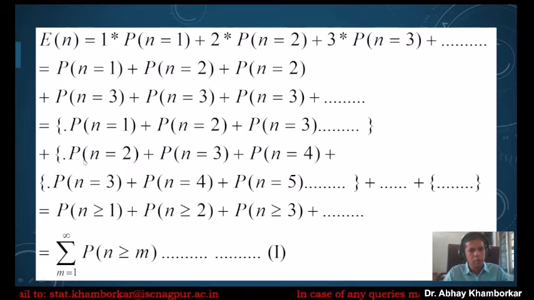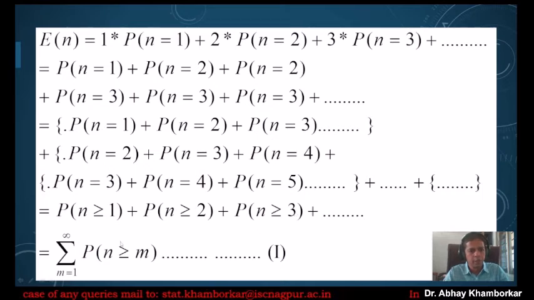Then plus, now n equal to 2 is repeated 2 times, out of that one function I have already included in the first bracket, and therefore the remaining probability that n equal to 2 is included in the second bracket. So in the second bracket the terms will be probability that n equal to 2 plus probability that n equal to 3 plus probability that n equal to 4 and so on.